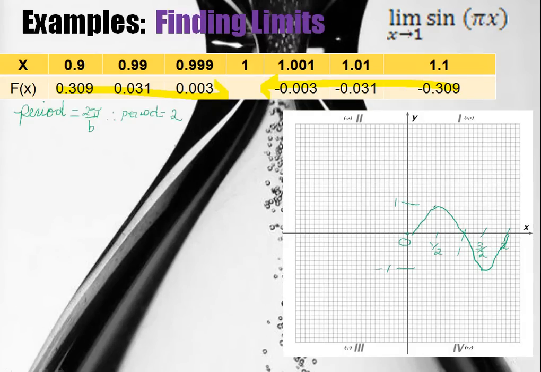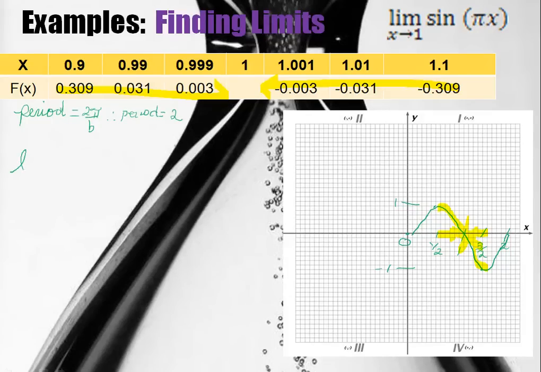So as I look at my graph, I want to know what's happening to the y values as my x values approach 1. So I'm following my graph, and I say, as I approach my x value of 1, look at what my graph is doing. And then coming from the right, what is my graph doing? And I can see right here at the axis, my graph is approaching the value of 0.